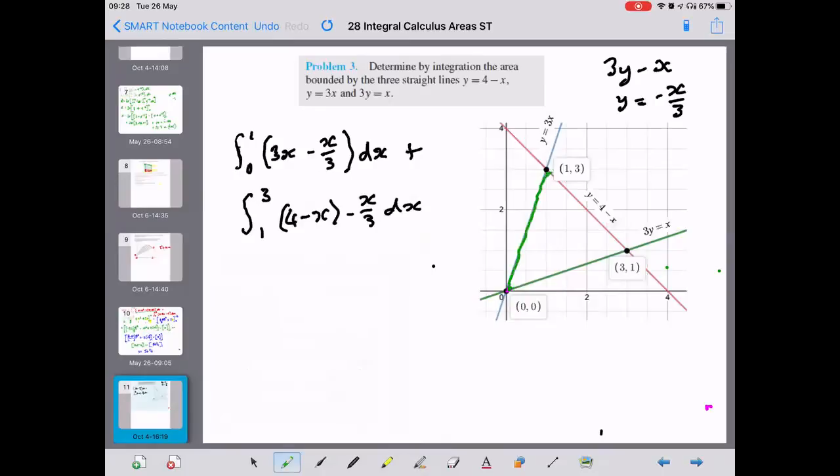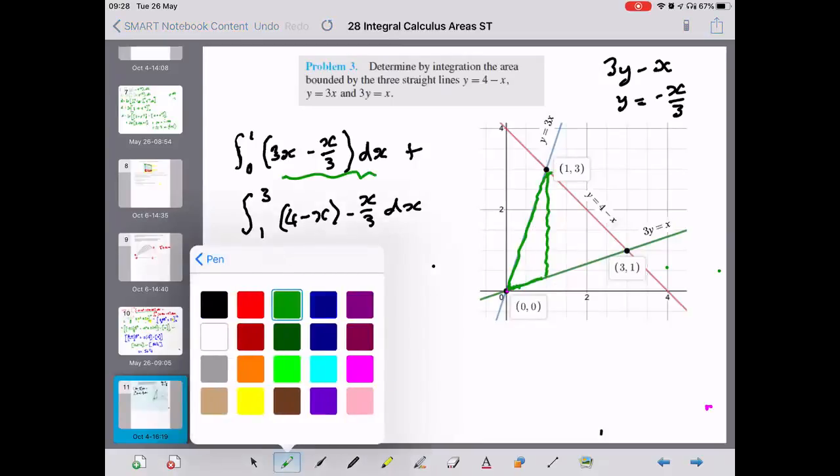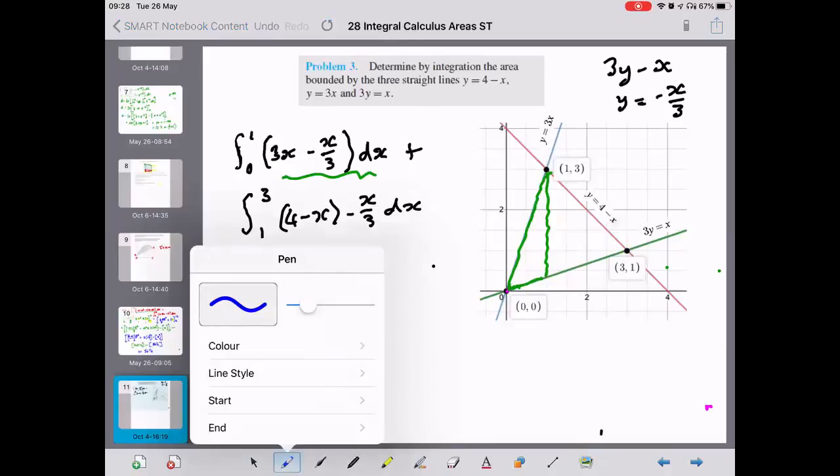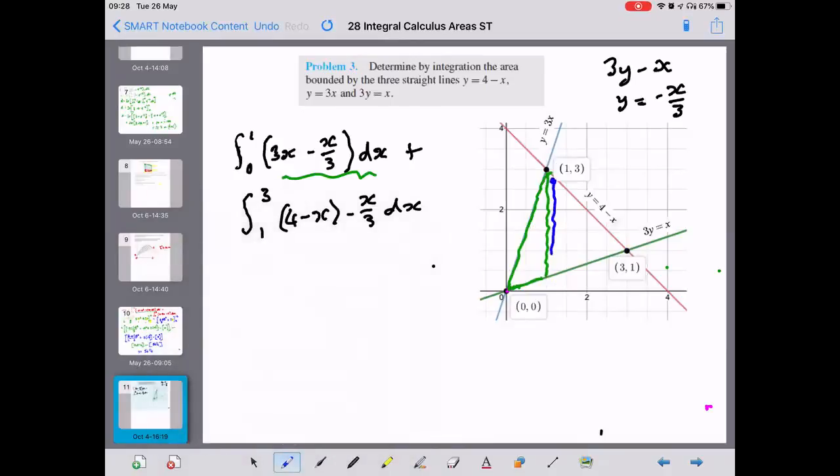That one from that bit, and that one from that bit.